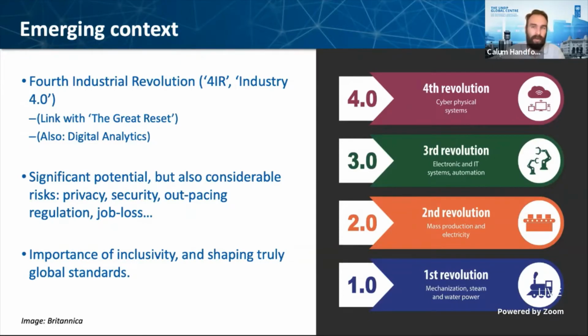And more importantly, we also see that there are many risks and challenges that governments are having to grapple with in the context of things like the Fourth Industrial Revolution and digital transformation more broadly. This includes privacy and security, regulatory catch-up with the private sector, automation, and so on. And also at the global level, we see a real importance for driving common standards and approaches to ensure inclusivity and also to guarantee that no one is left behind.